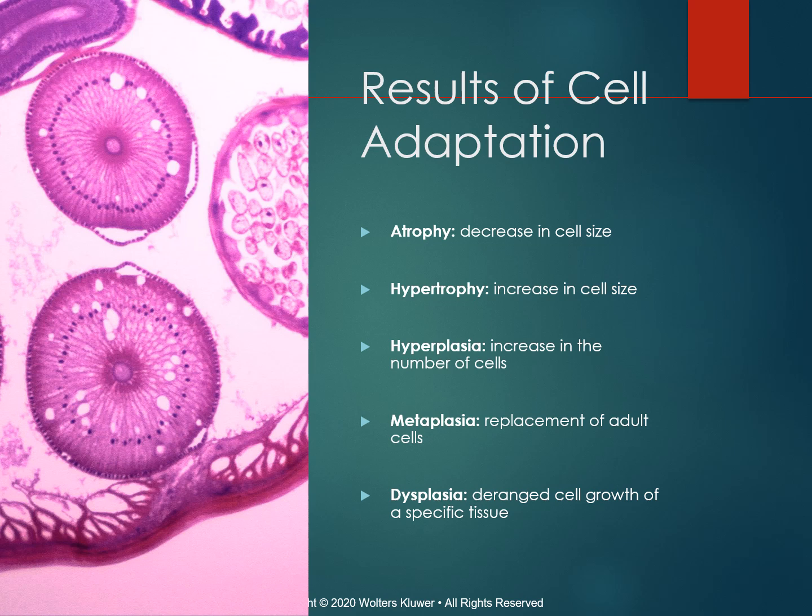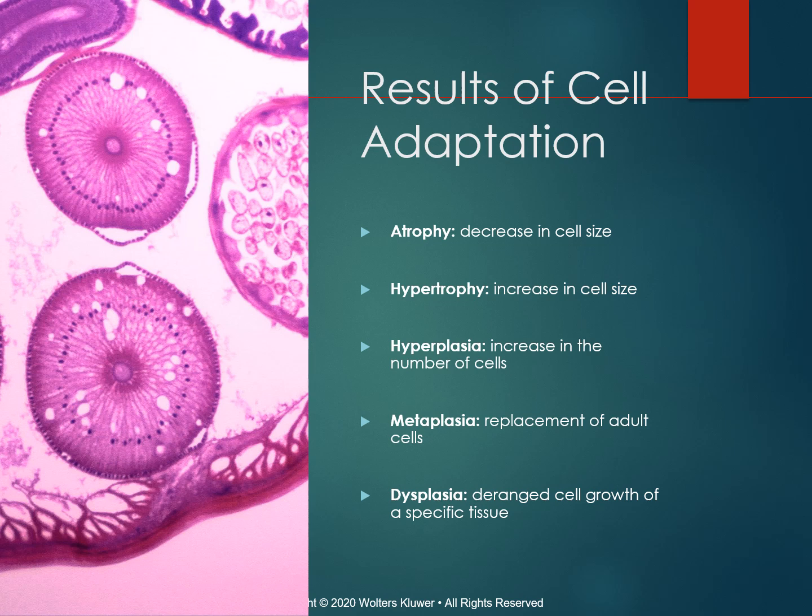So denervation is one cause of atrophy. Another is loss of endocrine stimulation. If we have cells that are being stimulated by some kind of feedback mechanism within the endocrine system and we lose that stimulation, those cells can start to atrophy.